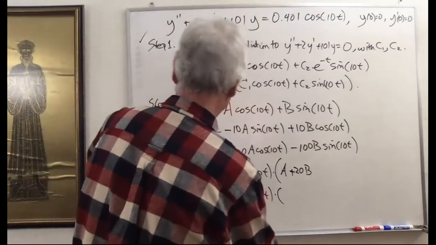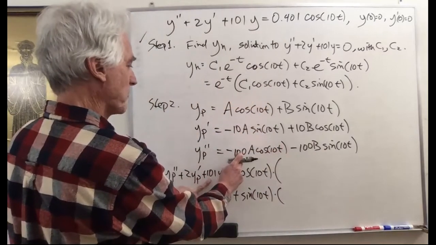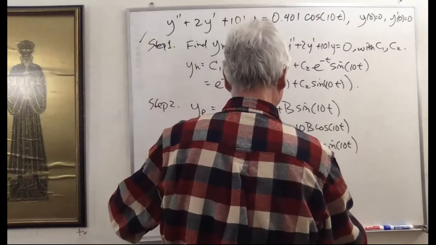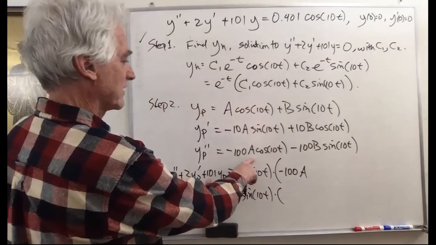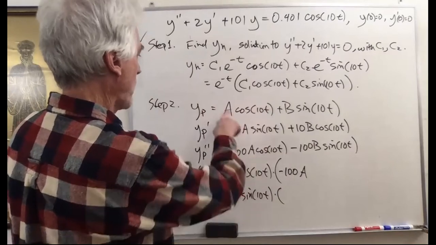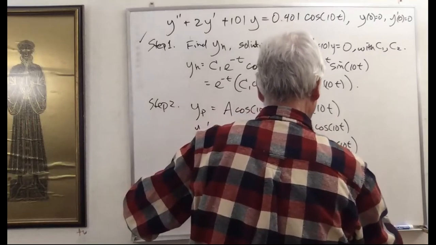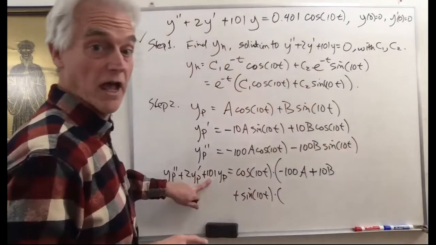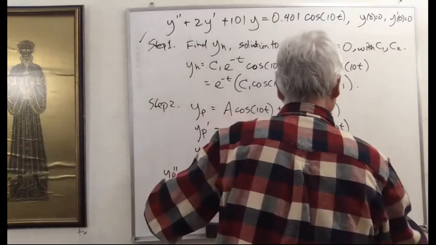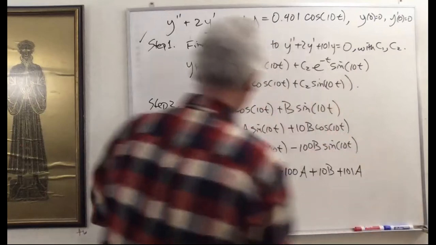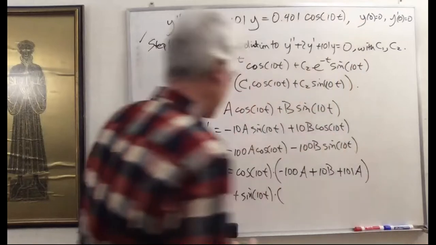Sorry, I screwed up before. Then from 2yp prime, that was right here, this is plus 10b times cos 10t, which I factored out, so I get 20b. And then I have plus 101 yp, so I have plus 101a.